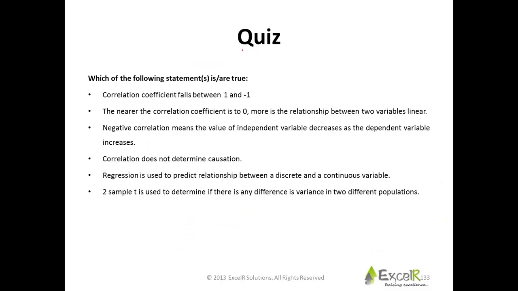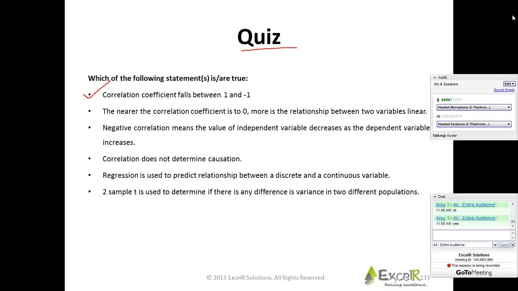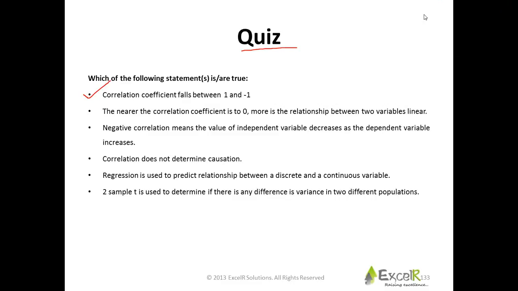All right. Here is a simple quiz. We have come to the end of this analyze phase, but here are a few things. Which of the following statements is true? Look at the first one. Correlation coefficient, which is always represented by small r, lies between 1 and -1. Is this true or false, Anuj? Yes, true.